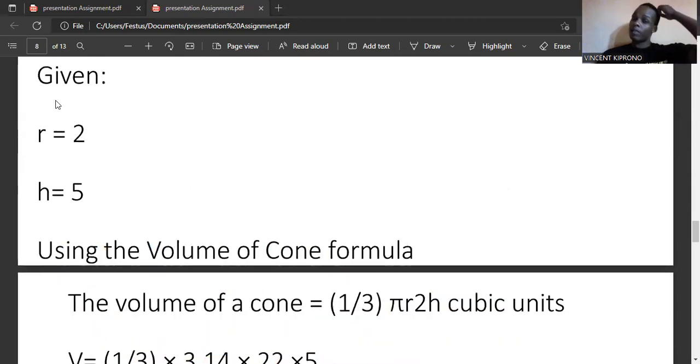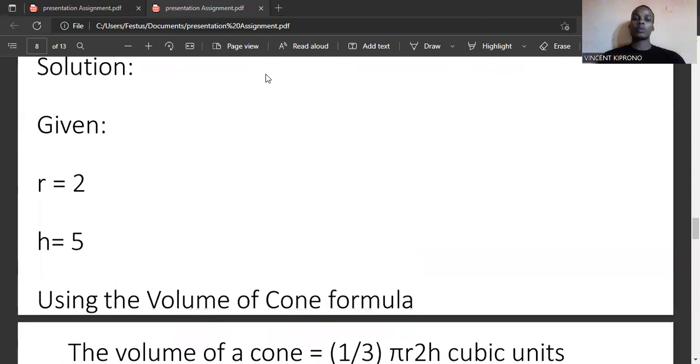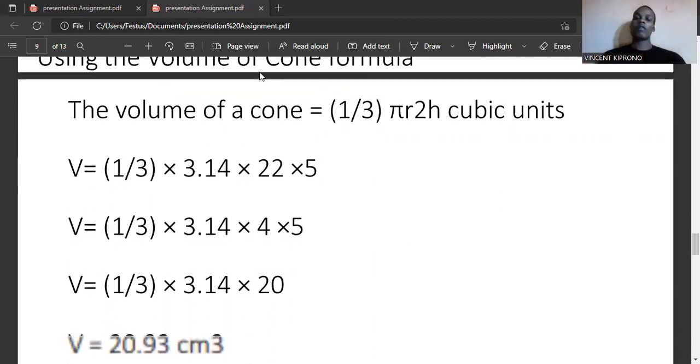Okay, as I have defined earlier, the volume of a cone uses a formula which is a third pi r square h, and units is always cubic. And you have been given r to be 2 and height to be 5. So we shall say a third pi, which is 3.14, times r square, which is 4, which is 2 squared, we got 4, times height, which is 5.